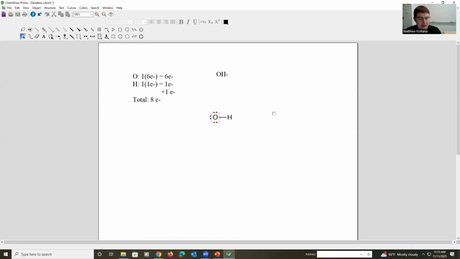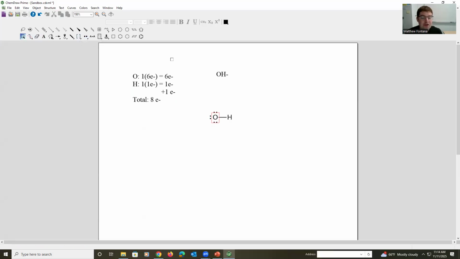So oxygen has a complete octet. This is good. We're almost done. We have an octet on oxygen, we have a duet on hydrogen, and we used a total of 8 electrons. We take the 2, the 4, the 6, and the 8, and that adds up and matches the number. We are good.